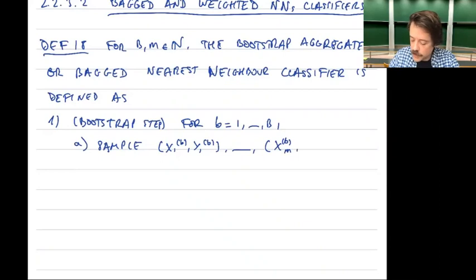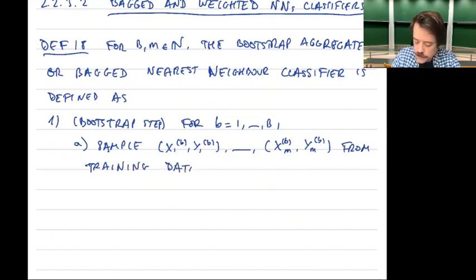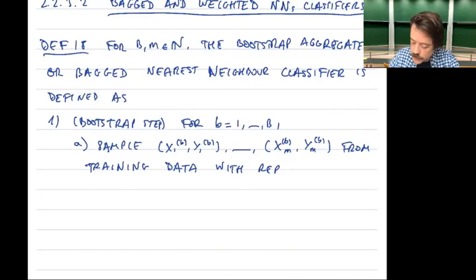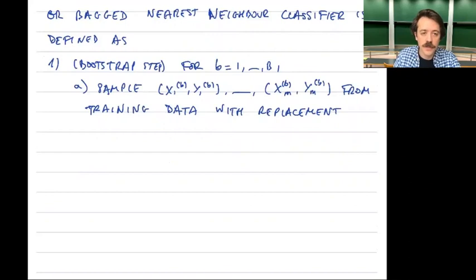Okay, so this is where the m comes in. And we do so from the data, of course, from the training data that we had above. And we do so with replacement in the bootstrap procedure, of course. We could also do so without replacement, and we'll see that in the last example sheet.